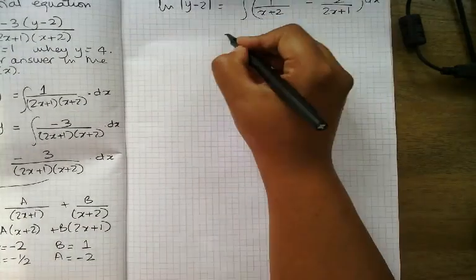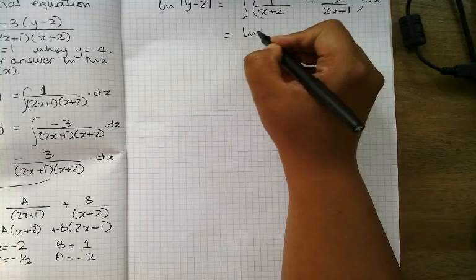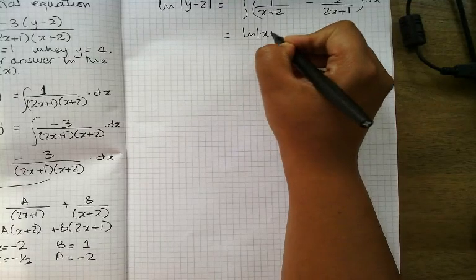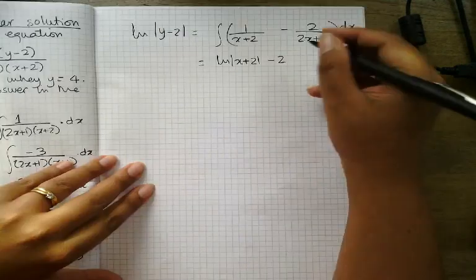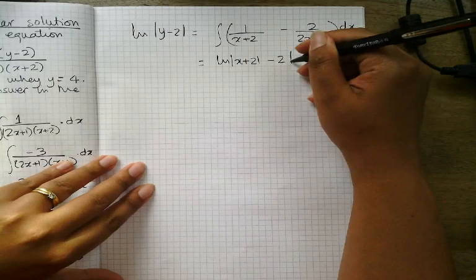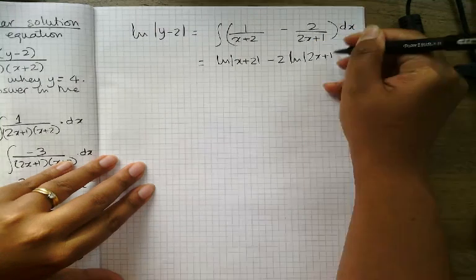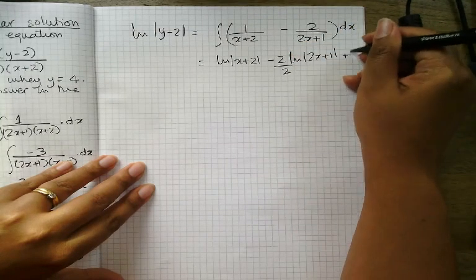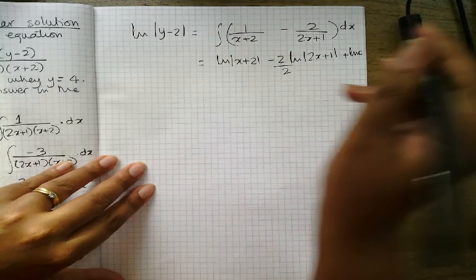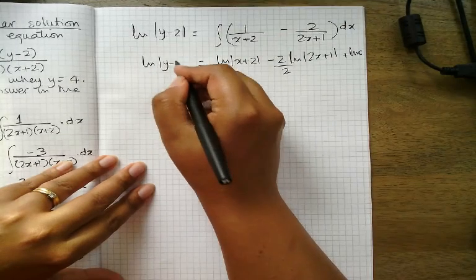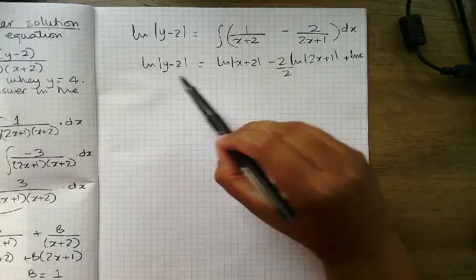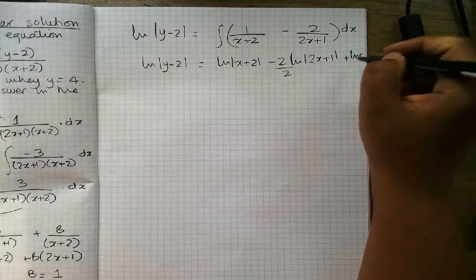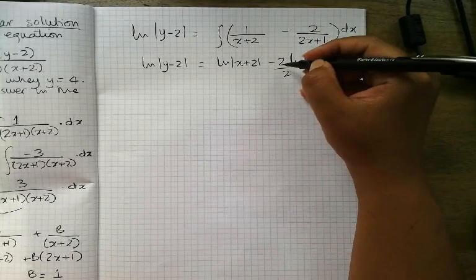And then if I integrate that, I am going to get ln(x plus 2) minus 2 ln(2x plus 1) divided by 2, because you have to divide by its derivative, plus ln c. So remember, because I've got ln's in my solution, I also need to have my constant with an ln.